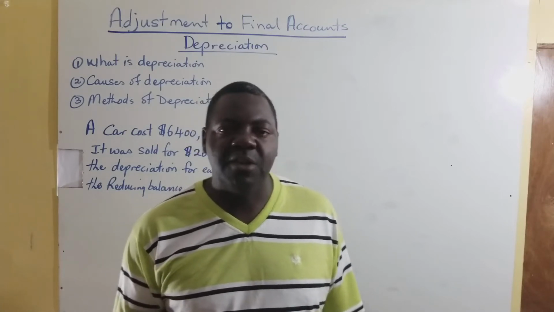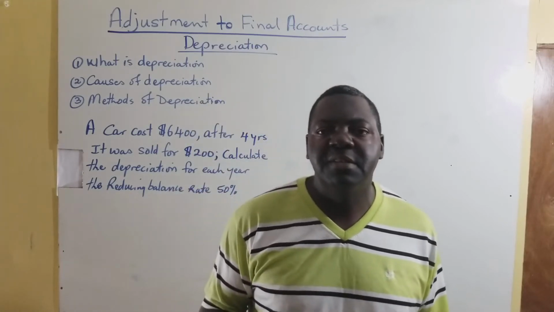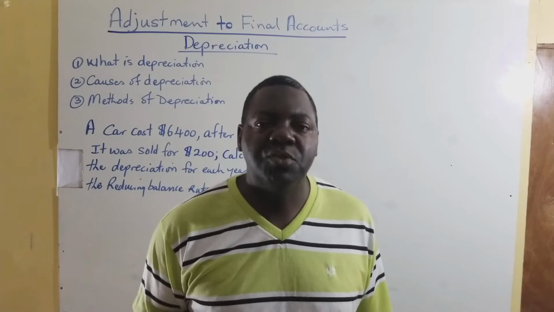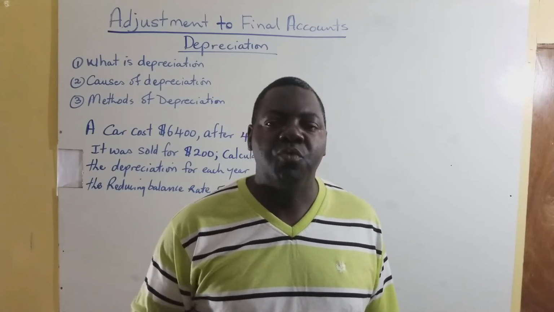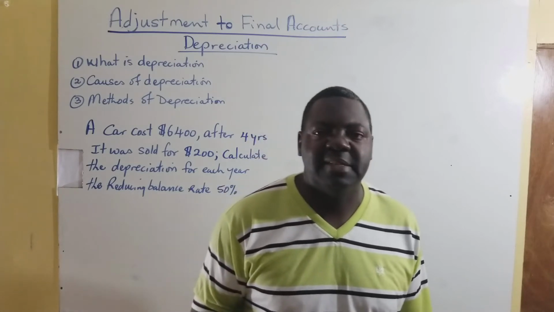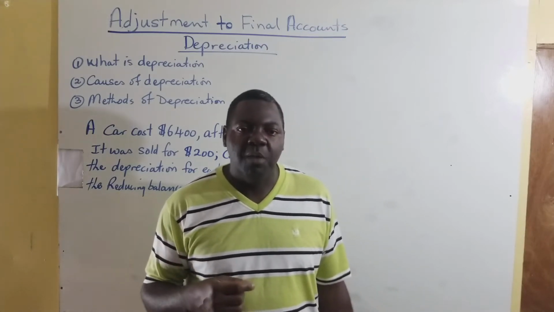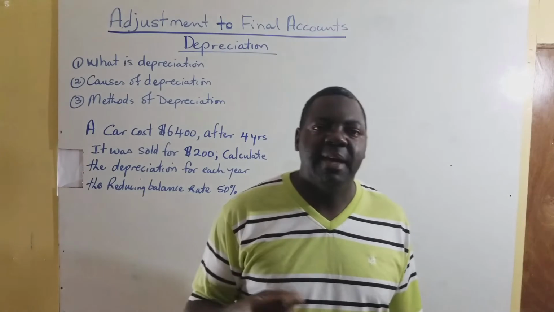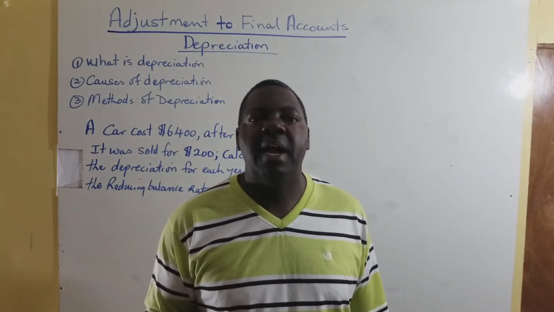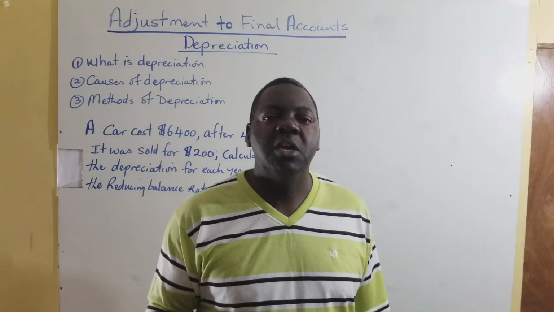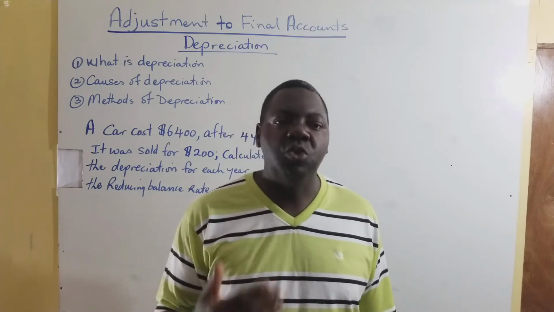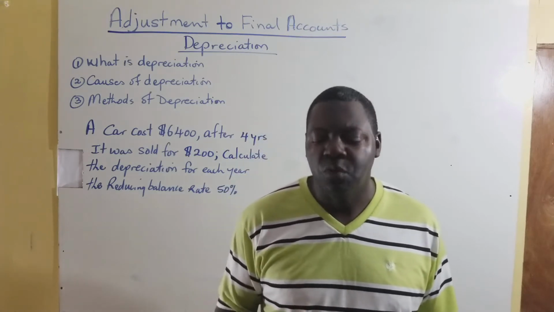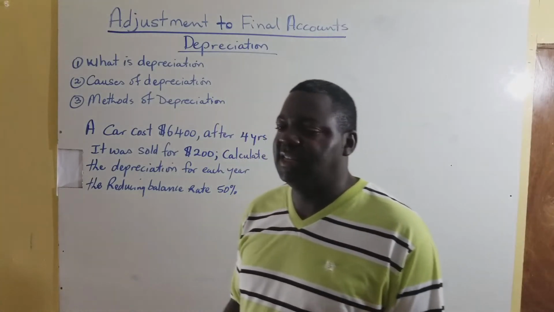And businesses and directors and owners really want to know when is the right time to replace assets. At what point should I replace my asset? At what point would I have used enough of that asset so I can replace it with something newer, another asset that is new?